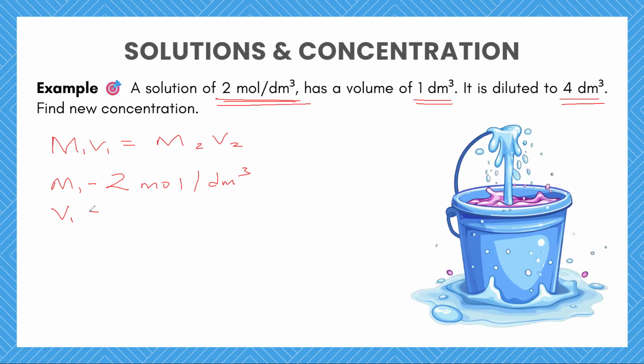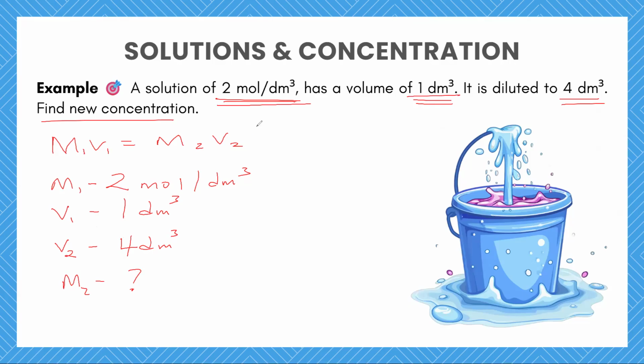Now, V1 stands for the initial volume. It has a volume of 1 dm cube. So let's write that down as well, 1 dm cube. It is diluted to 4 dm cube. That becomes the final volume. Okay, so we have 4 dm cube. Find the new concentration. That means M2 is unknown.